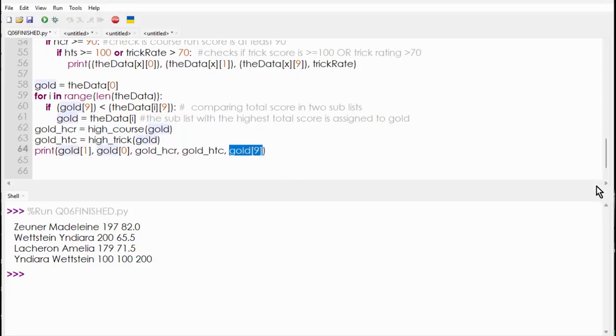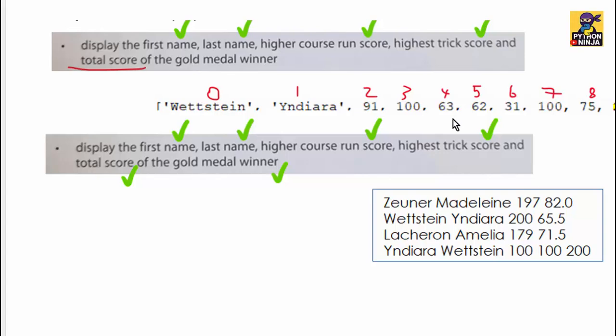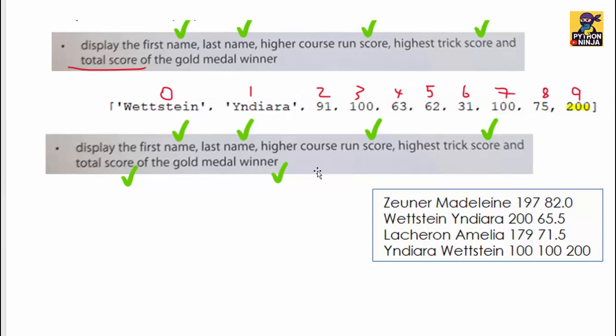And that's what you can see here in the print statement, and if we run it, you can see that it is outputting that 9th element for the sublist stored in gold.